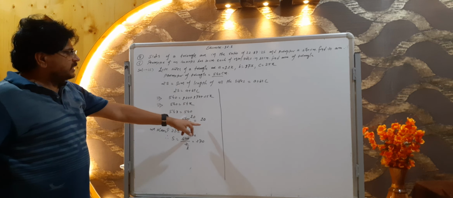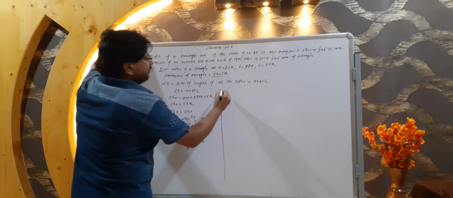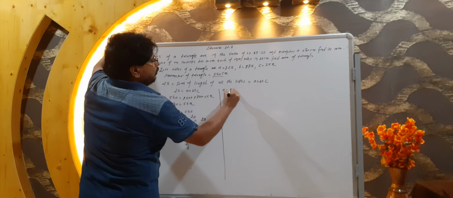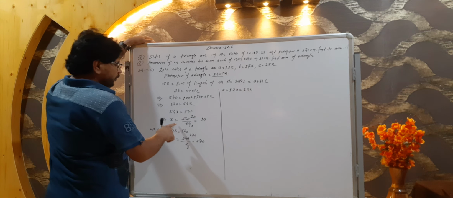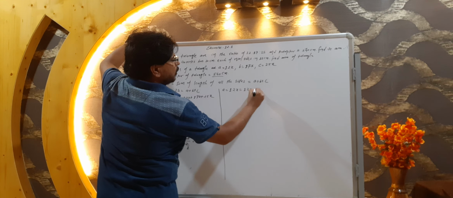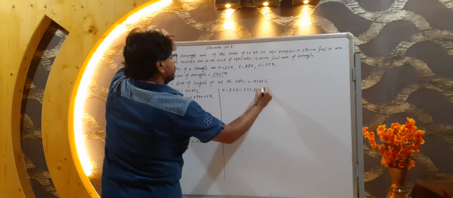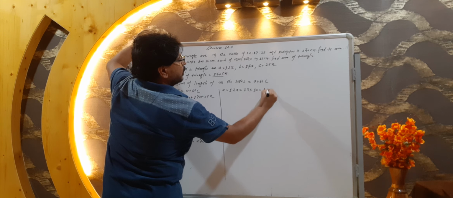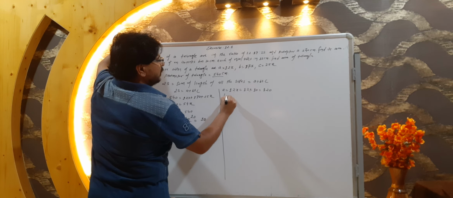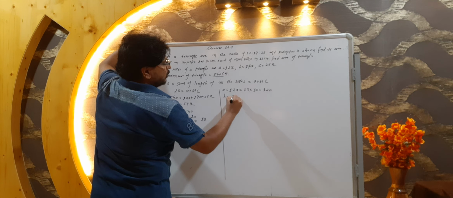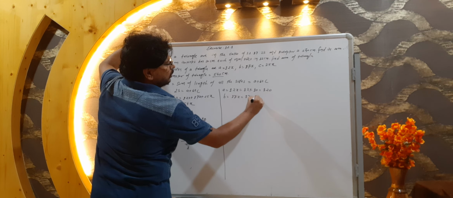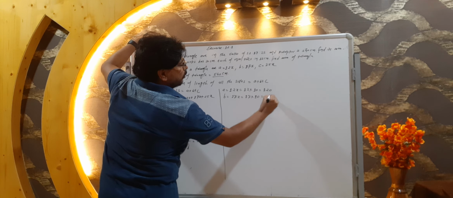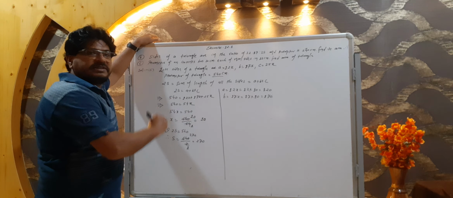Okay, now see here, we got the value of x, right? So what would be the value of the sides now? A is equal to 12x is equal to 12 into 10, which is 120. In the same manner, B is equal to 17x is equal to 17 into 10 is equal to 170.